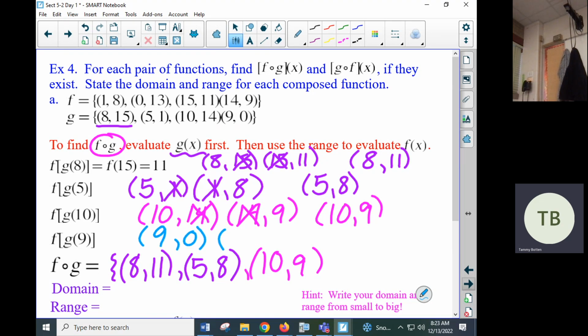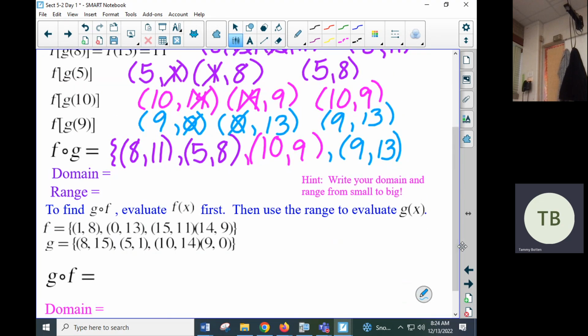So you're going to look for a point up here that starts with 0, which we have one that's 0, 13. These cancel, and what you're left with is 9, 13, and that goes down here. Now, when you do your answers for this, on the worksheet, I'll have this, and then domain, and then range. So really, these are the 3 lines you have to do.